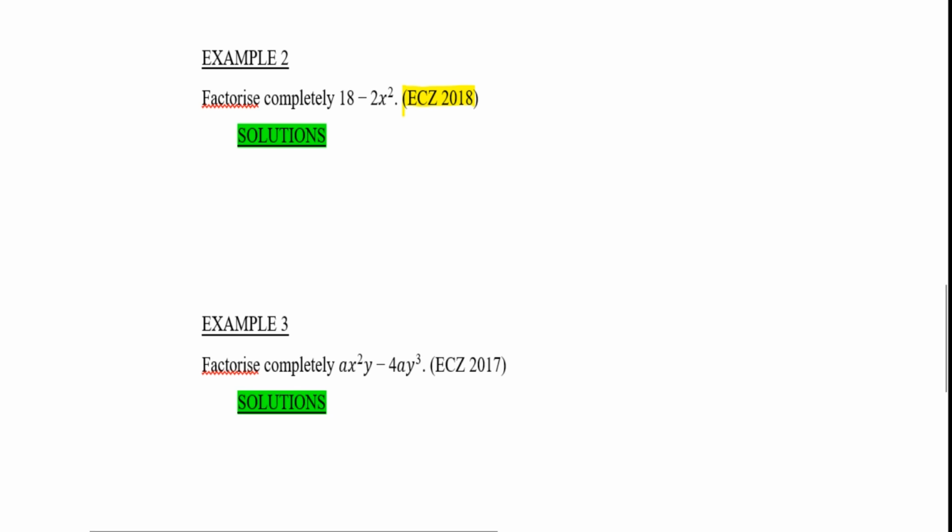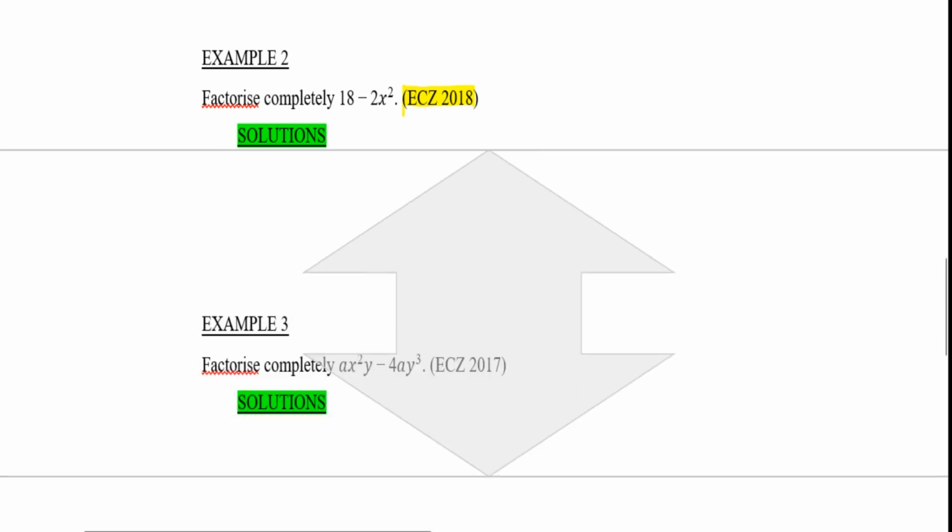We can say we have 18 minus 2x squared. First of all, let's look at the factors of 18 and 2.